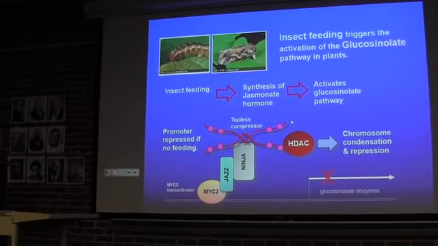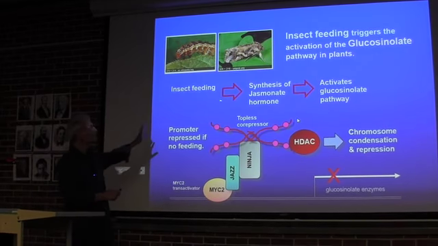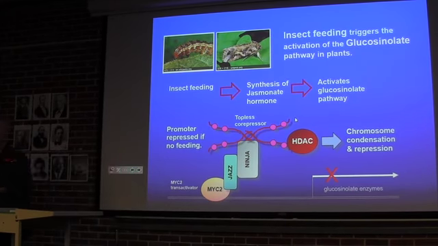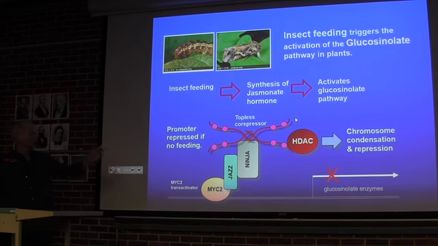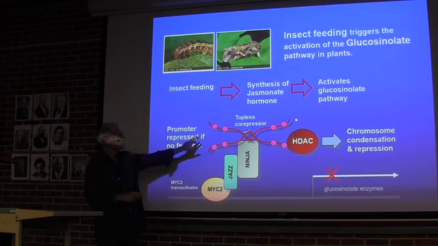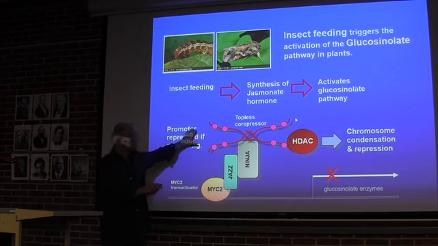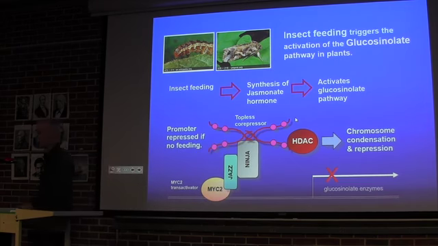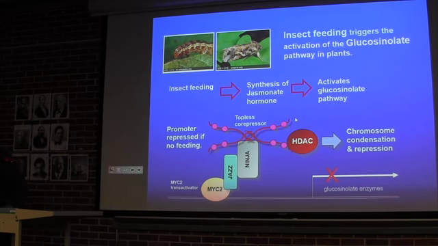Anyway, so let's look at this jasmonic acid pathway as an example. There are many, many ways genes are activated. And what we're going to talk about just briefly here before we go to the next PowerPoint is this thing right here, Topless. My graduate student is working on this.